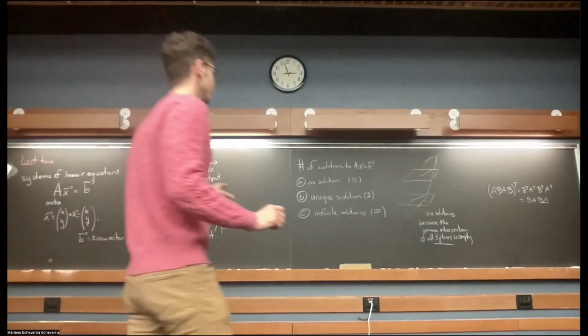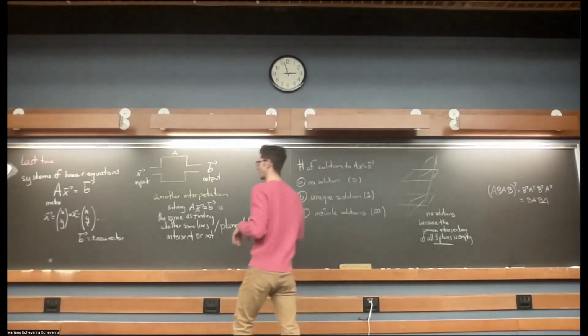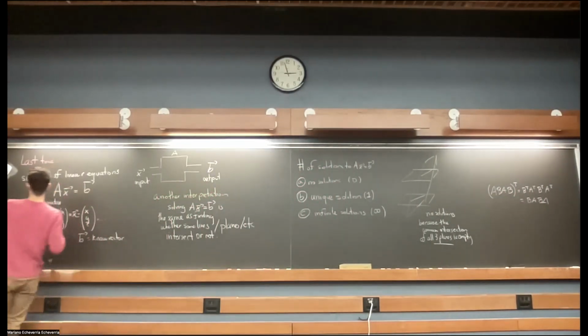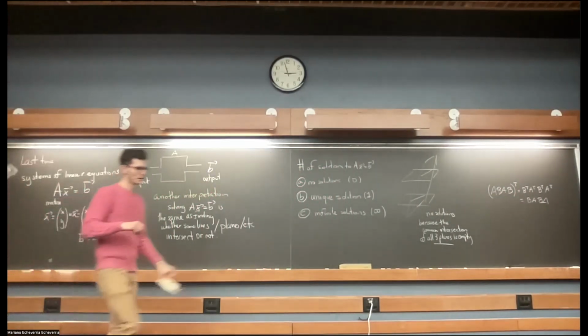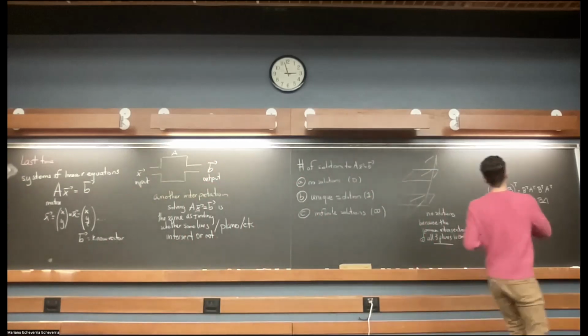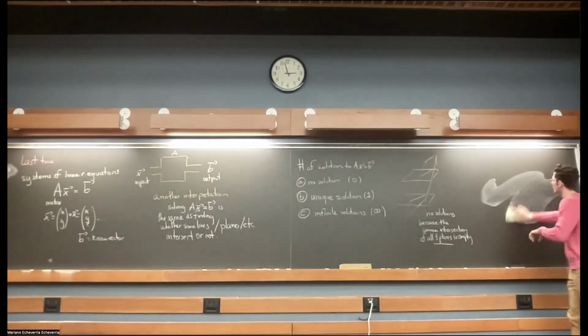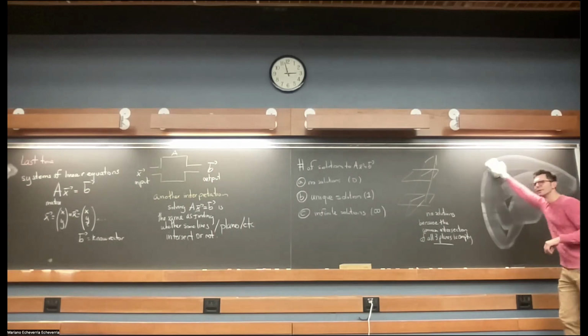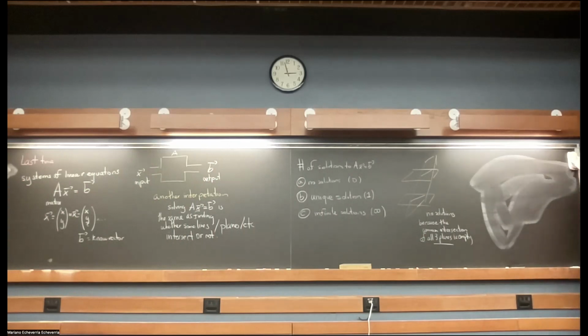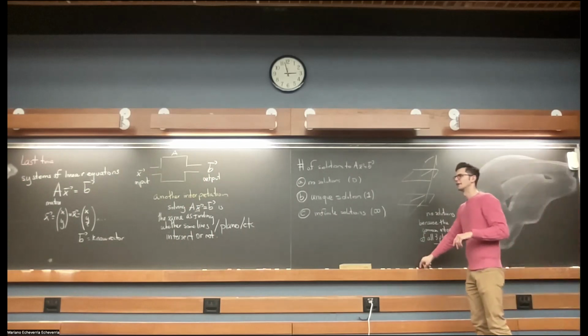And the last thing I was going to say about the mini summary of last time is another interpretation, which for now you don't have to worry too much about, because we'll use it a lot on the second midterm. So it's just a heads up.